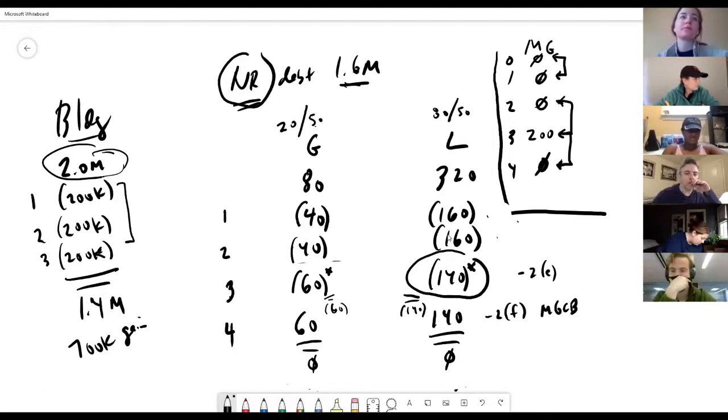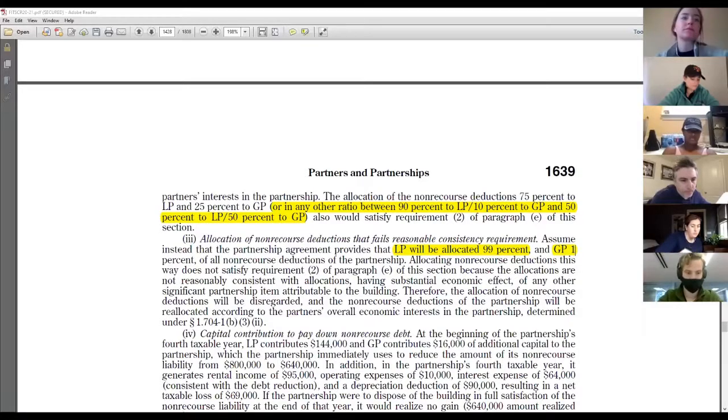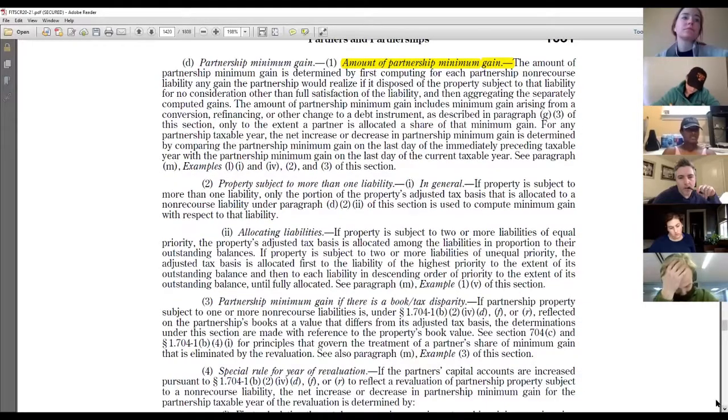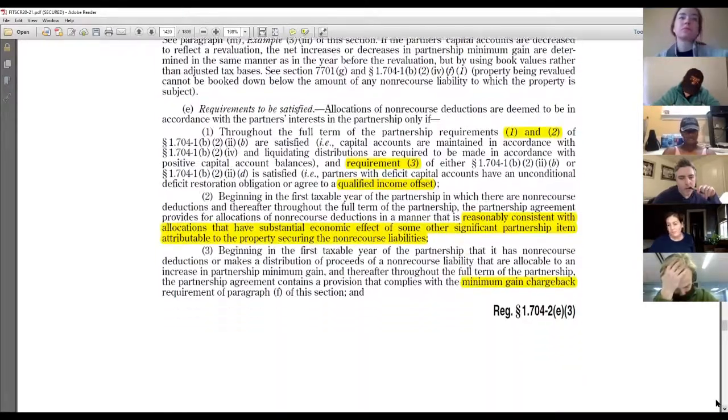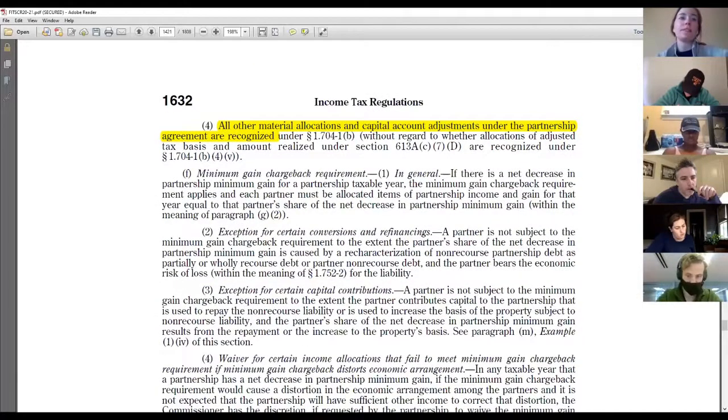Let's go back to dash 2C, I'm sorry, dash 2D in the regs. Actually, dash 2F. Where is this?